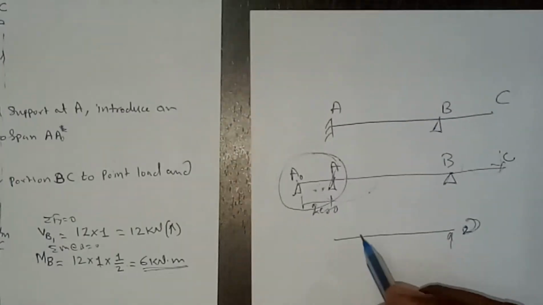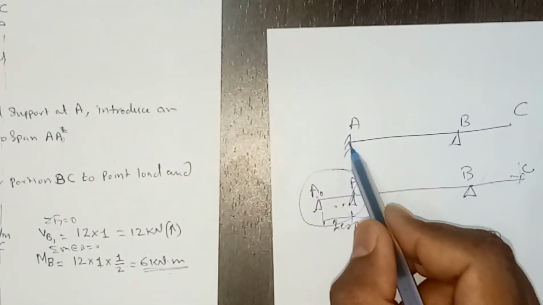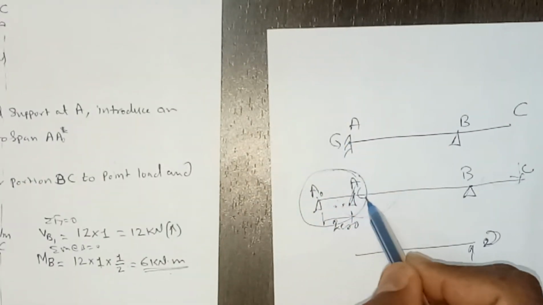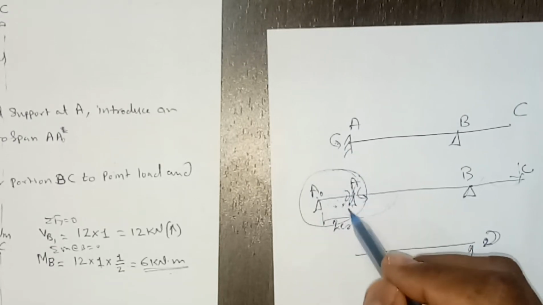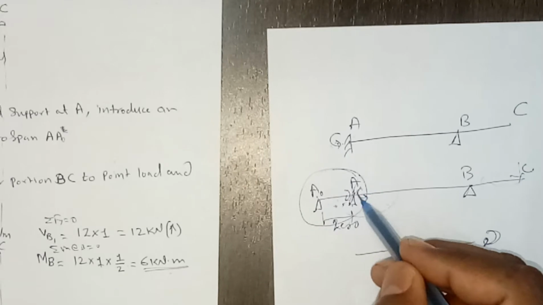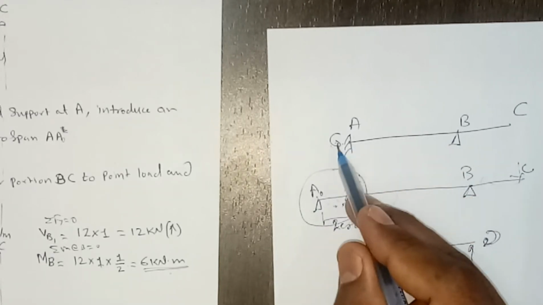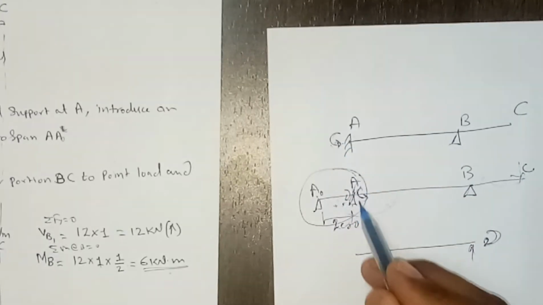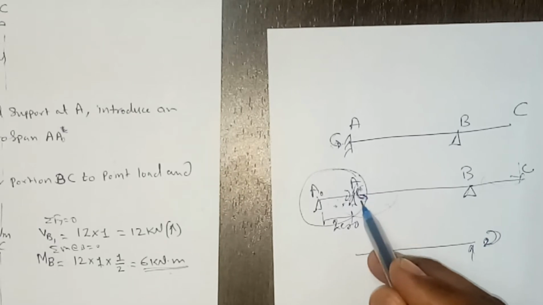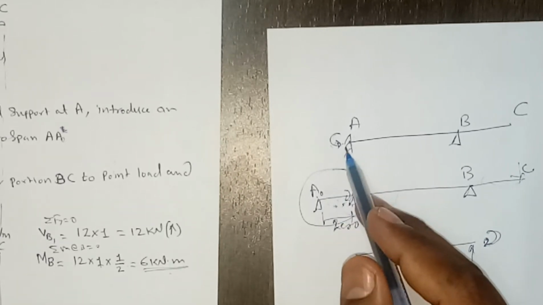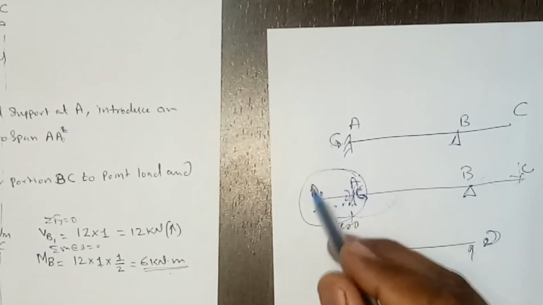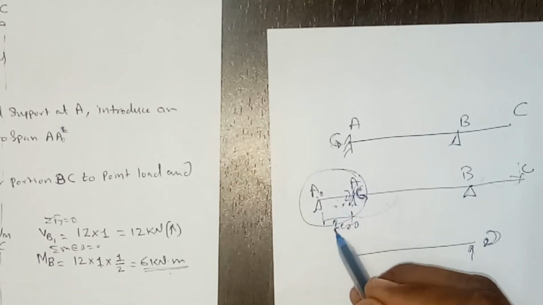Another thing, this fixed end also develops a moment, and the continuous end also develops a moment. So that's how these two will have the same effect finally. If you see this AB portion, this is also developing a moment, and due to continuity there is a moment. So that's how instead of fixed support, we'll convert it into an additional span with 0 length.